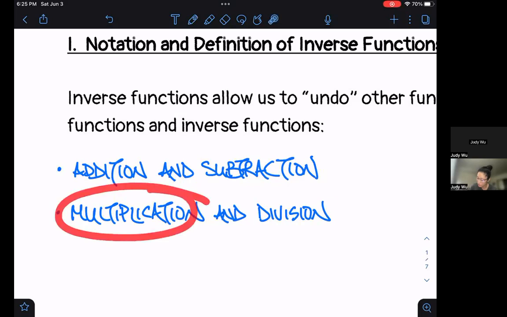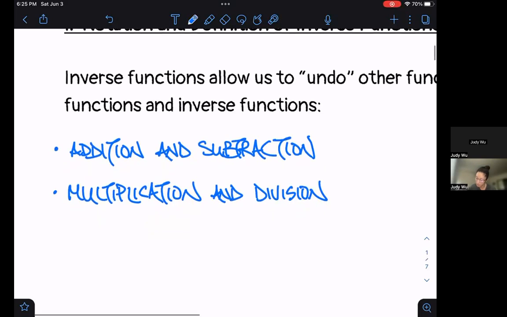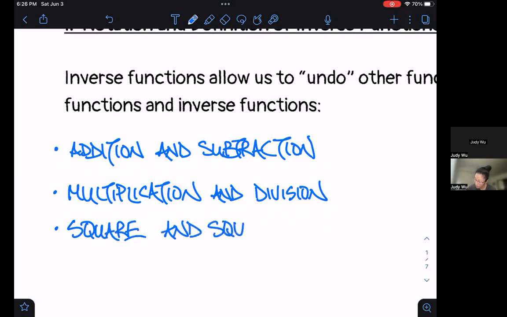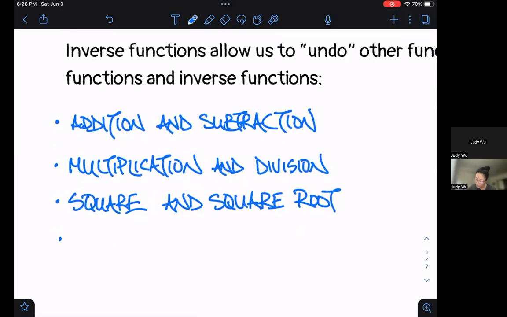So multiplication and division, that's another pair of inverse functions, all right? Square, so when we do x to the power of 2 and a square root, those undo each other, all right? And if you've had trig, this might look familiar. Sine and inverse sine. So that's how we undo this function of sine, okay?